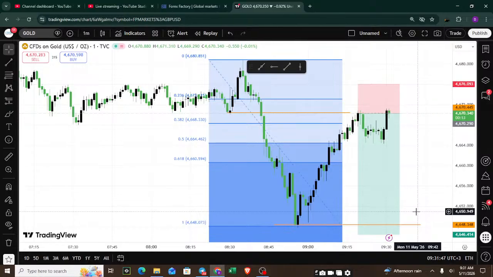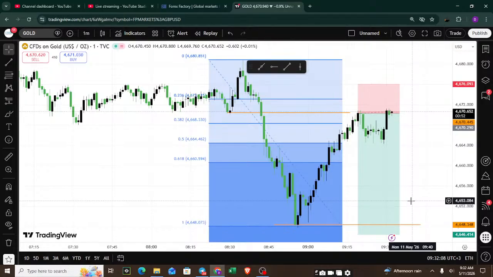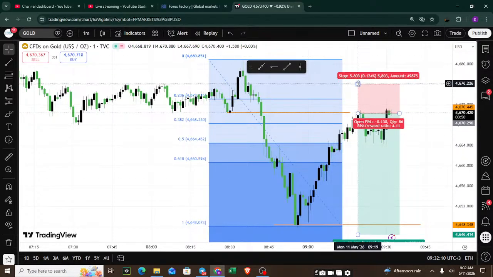So if price closes above 46.72, because that is where my stop loss is, because I believe my stop loss is around here.